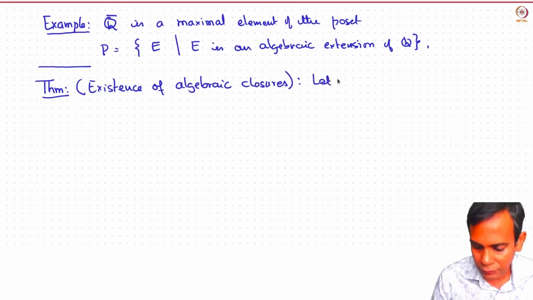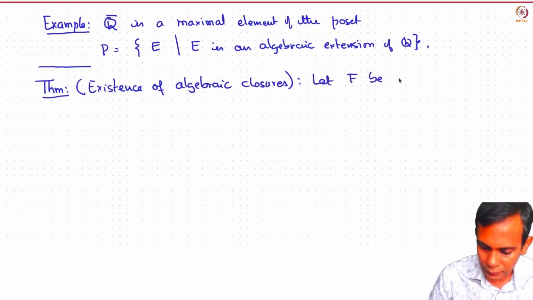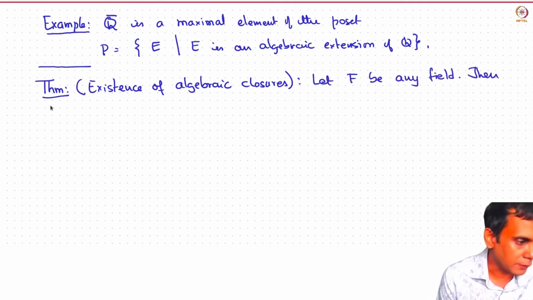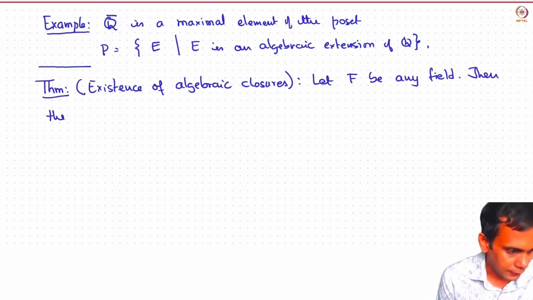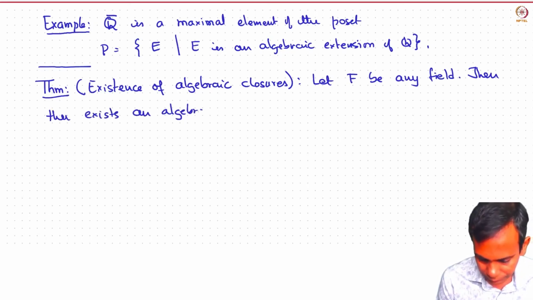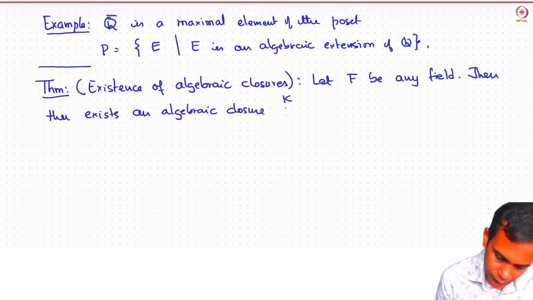Let F be any field, then F admits an algebraic closure. There exists an algebraic closure K over F.